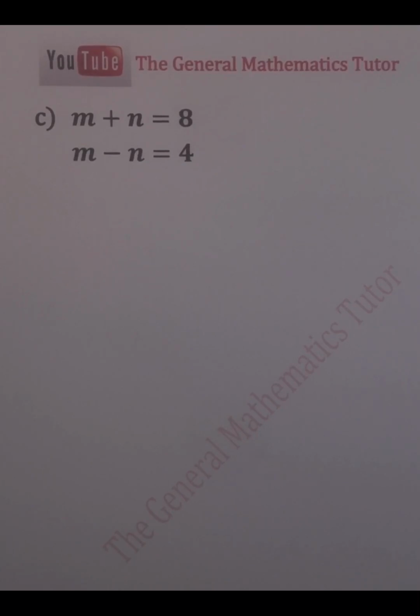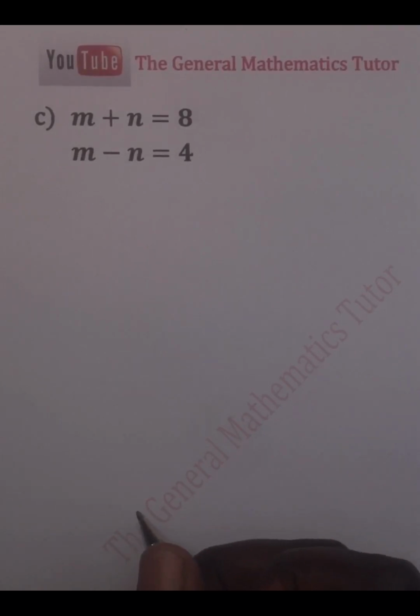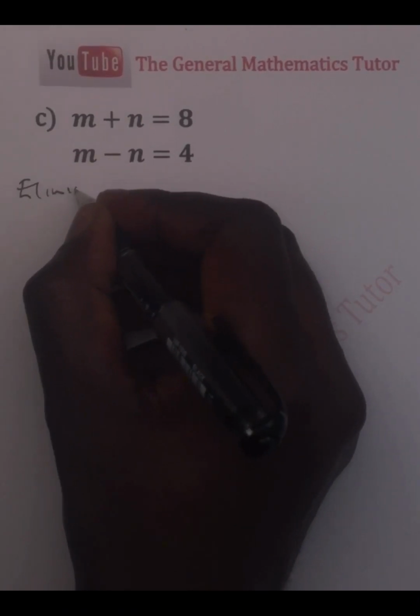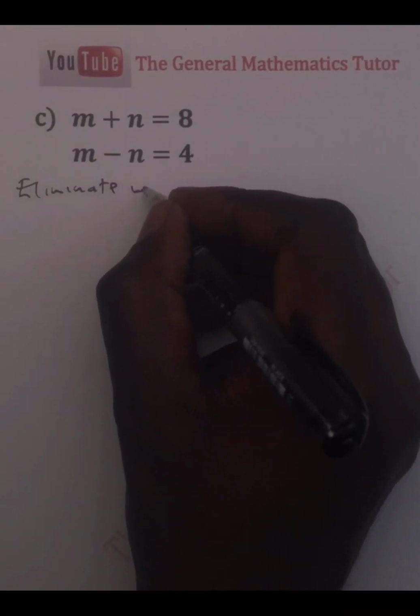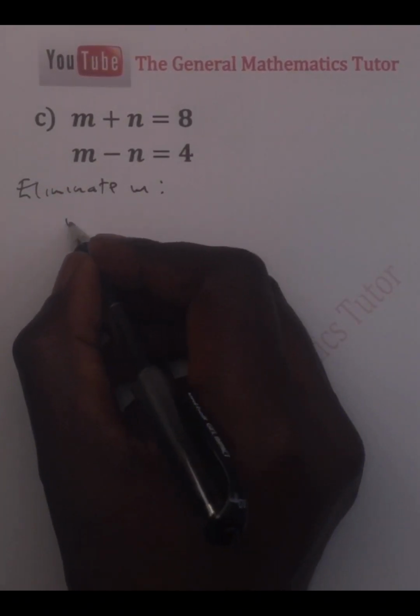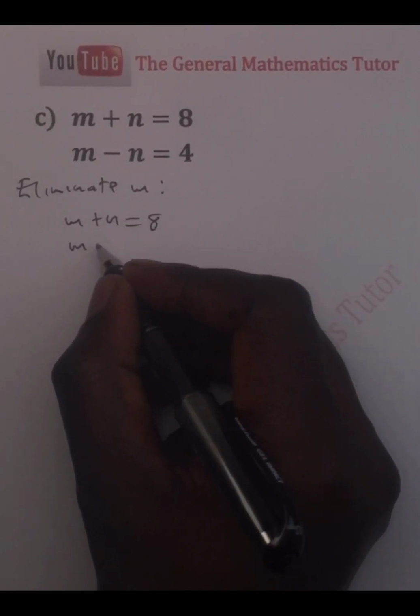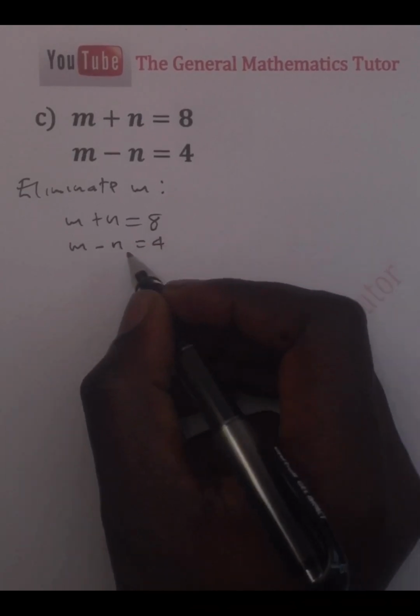Part C, m plus n is equal to 8 and m minus n is equal to 4. So we can first of all eliminate m. So we have m plus n is equal to 8 and m minus n is equal to 4.